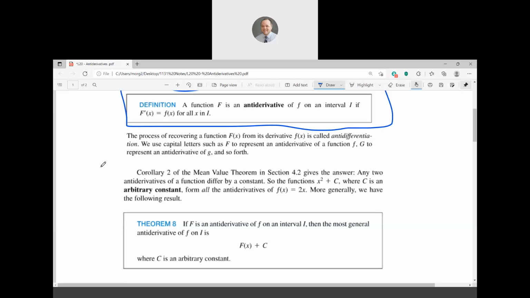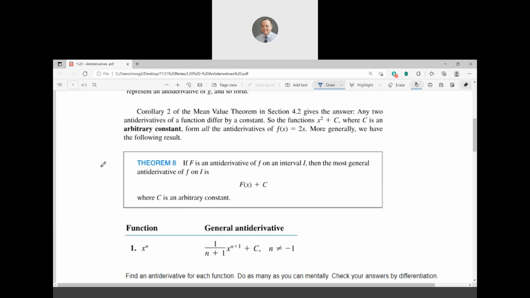So the functions x squared plus c, where c is an arbitrary constant, form all the antiderivatives of lowercase f of x equal to 2x. Theorem 8. If capital F is an antiderivative of lower f on an interval I, then the most general antiderivative of lowercase f on I is capital F of x plus c, where c is an arbitrary constant.